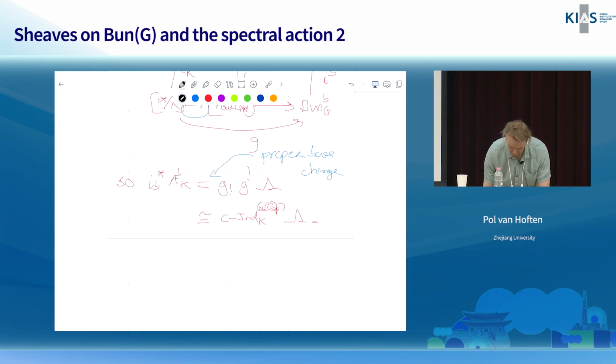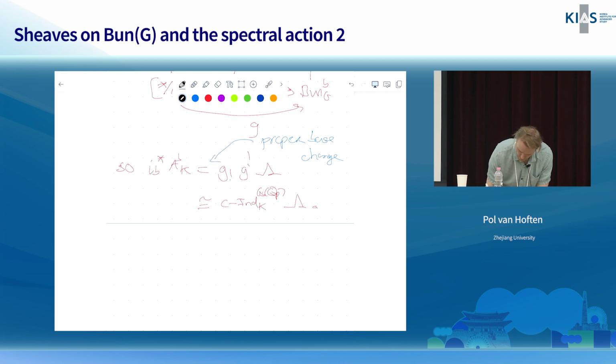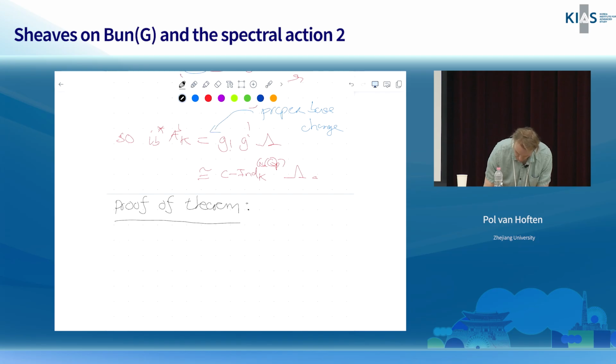So the proof of the theorem, that you get compact generation, the main input is the following proposition.